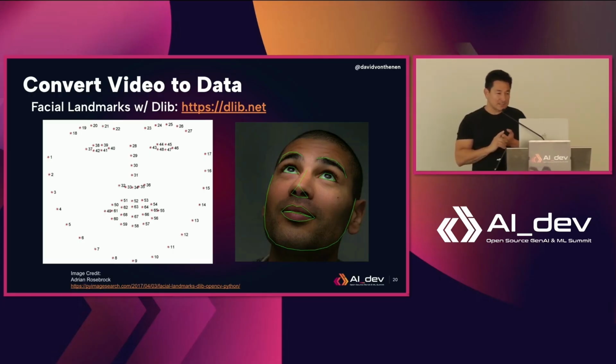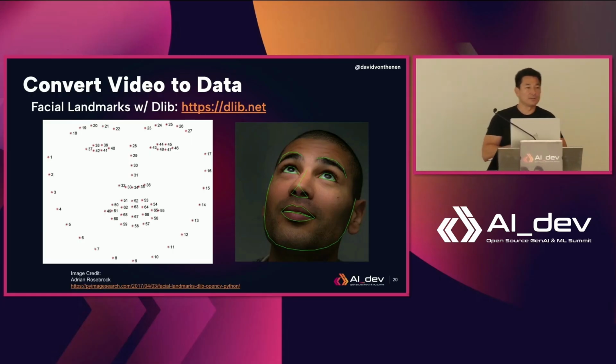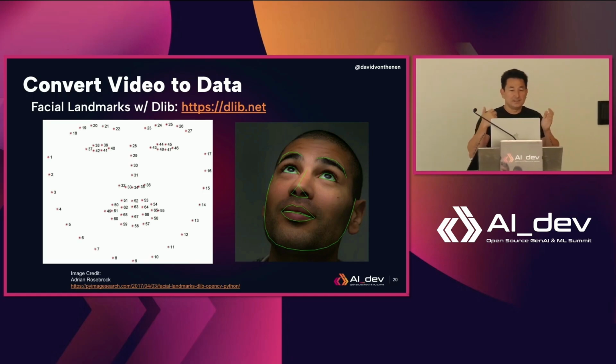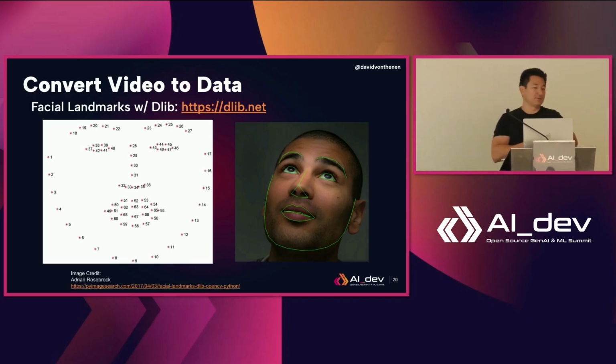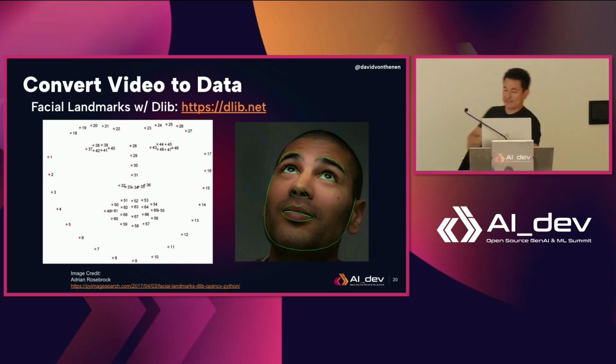And so the best way of doing that is actually pulling data straight out of the video. There's a cool library called dlib.net, it's open source, and you can literally extract 68 points on a person's face. They're outlined right here on the left-hand side.